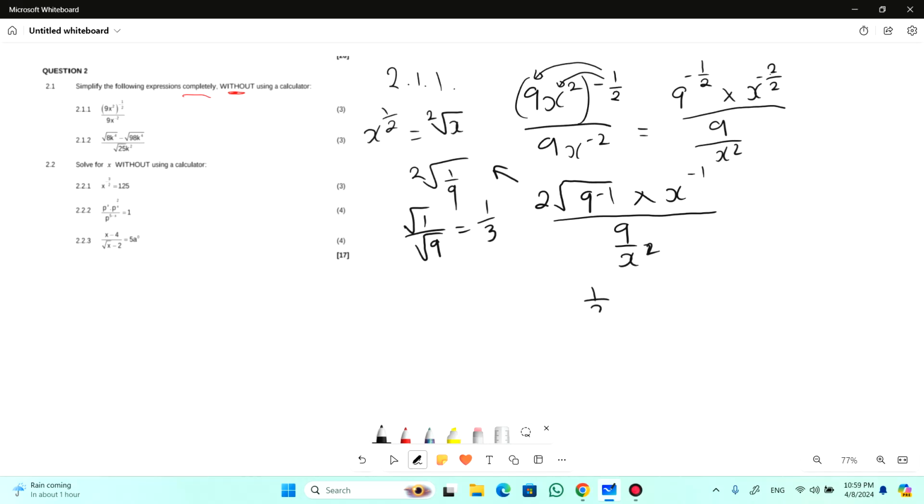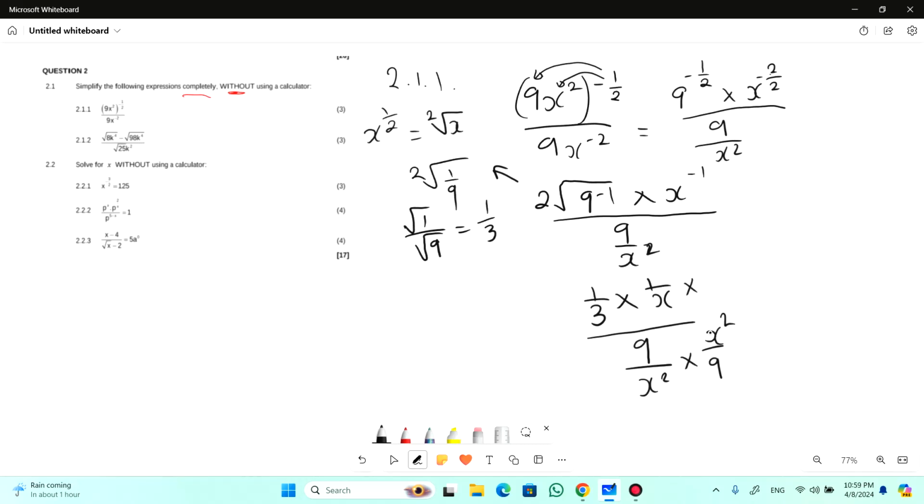So we have 1 over 3 there, times, again changing this negative exponent to 1 over x, then 9 over x squared. Now I can rationalize, so meaning I'll multiply the bottom part by x squared divided by 9.